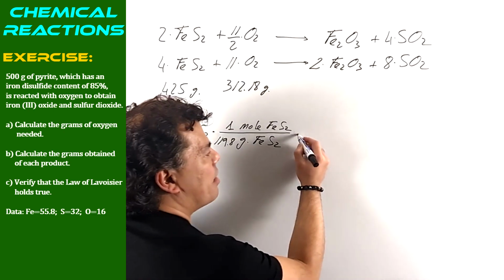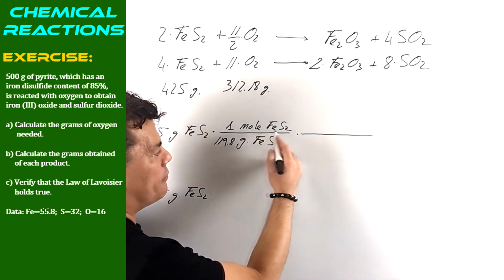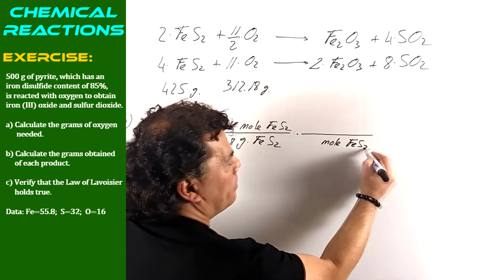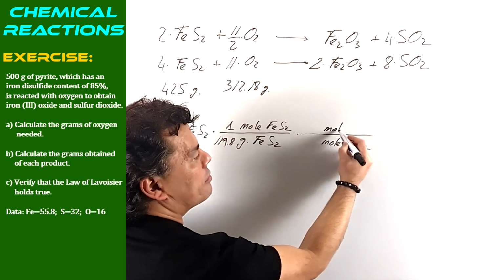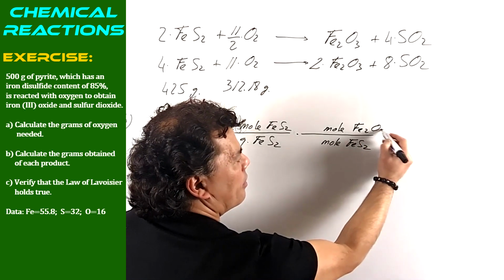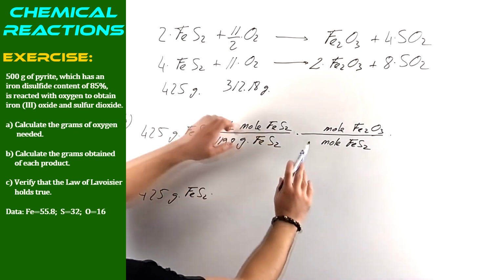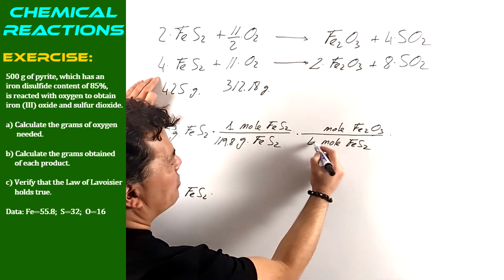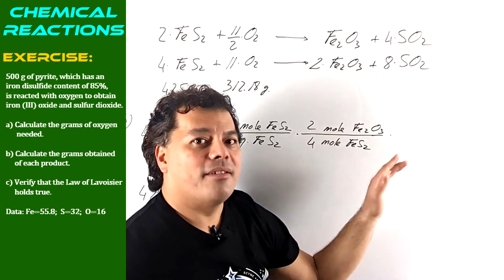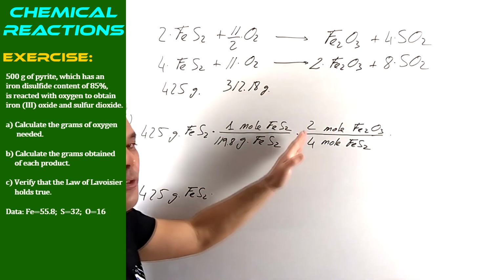Now it's time to calculate the second conversion factor, which helps us to move from moles of iron disulfide to moles of iron 3 oxide. And there comes, of course, the stoichiometric coefficients. Number 4 for iron disulfide and number 2 for iron 3 oxide. The stoichiometry between these two substances is 4:2.